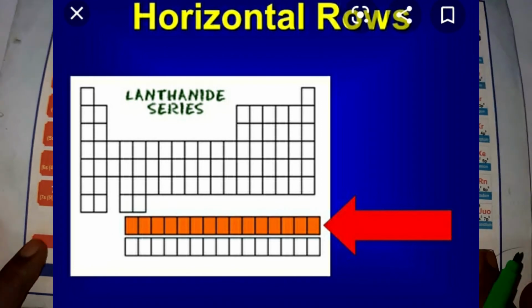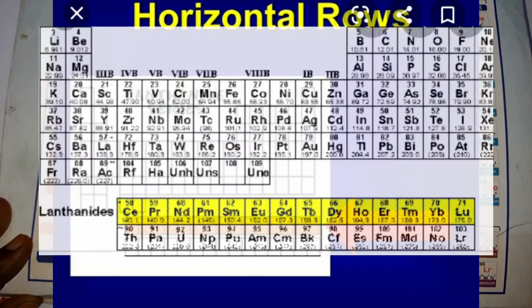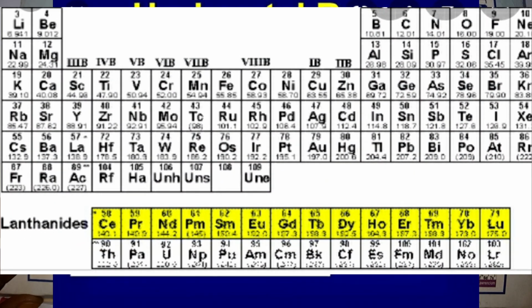We have the next elements, children. We call them lanthanides. So here we have the elements which come after lanthanum, children. Lanthanum's atomic number is 57. So the elements which come after lanthanum, 58 to 71, are called lanthanides, children.